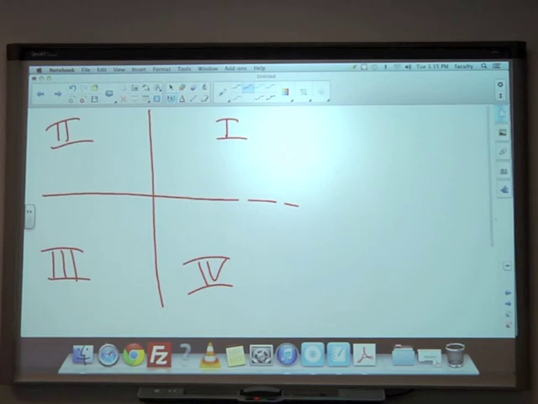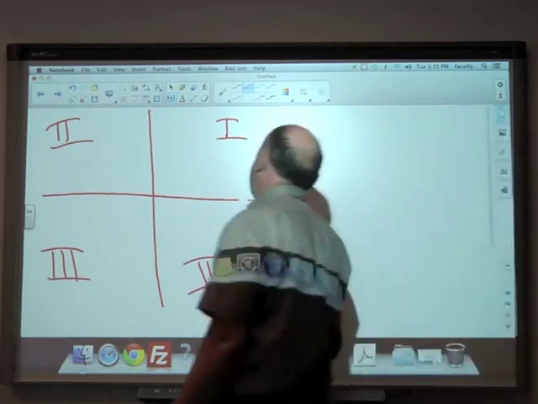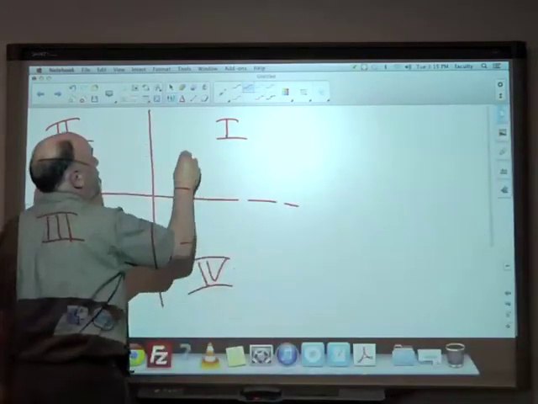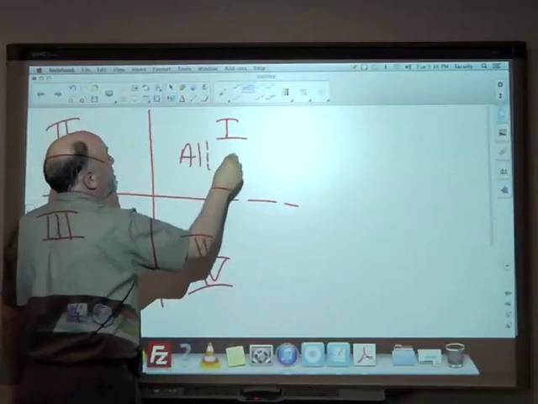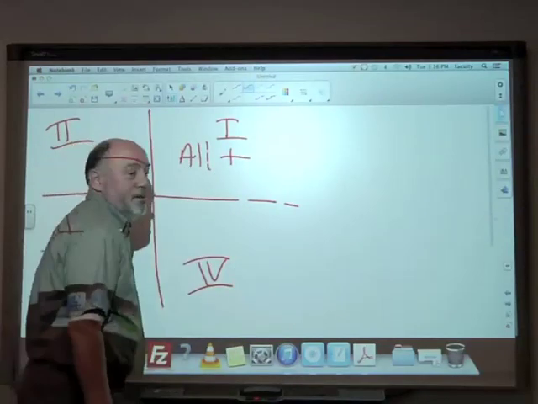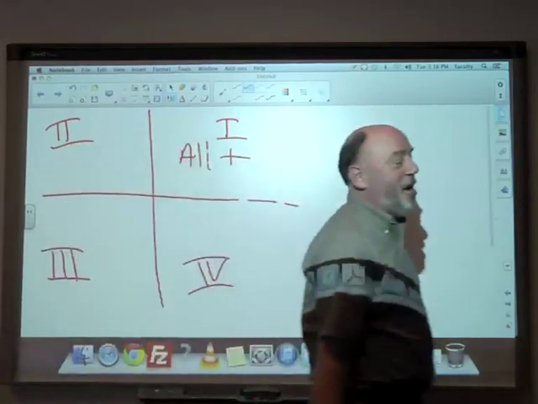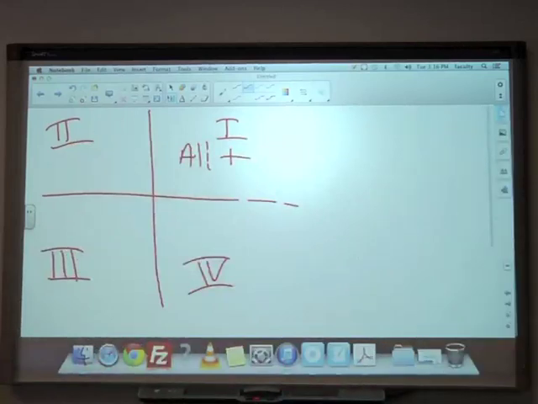We said R has to be positive in order to have a circle. Oh, but they're all positive. They are all positive, right? Yeah. Because in quadrant 1, X is positive, Y is positive. So all trig functions are positive in the first quadrant.